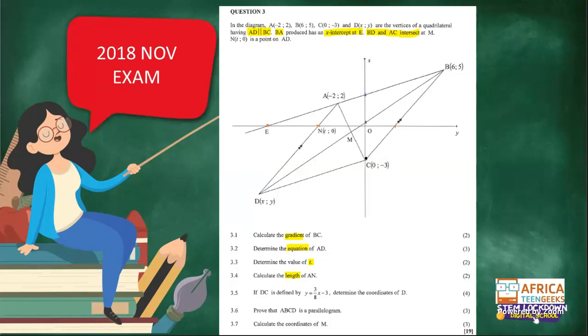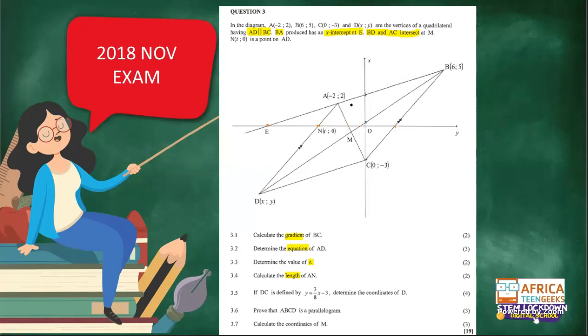Okay, so we know our intercepts. We also know that BD intersects AC. Sorry about that.